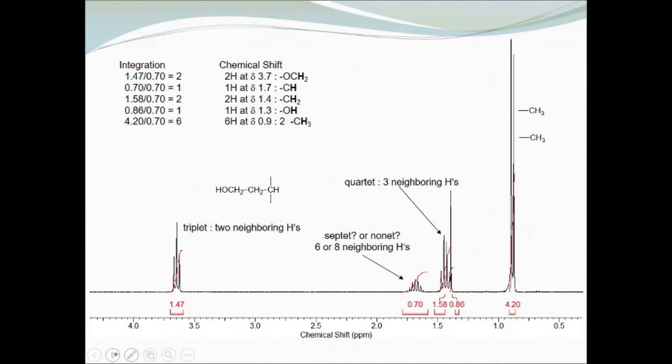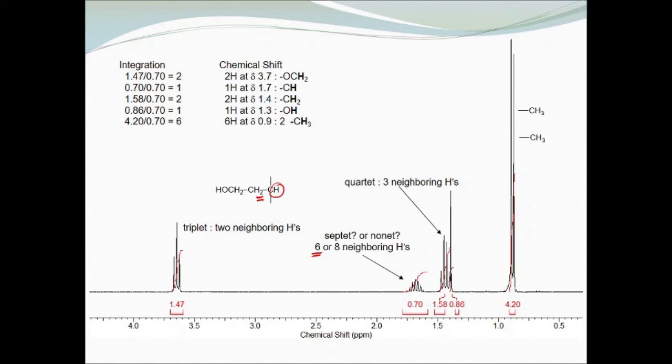So there are a couple of approaches. One, we can consider, what do we already have? So we have, for this hydrogen, we already have 2 neighbors. If it is a septet, it will have 6, meaning there should be 4 more. We don't have anything left that has 4 hydrogens. In fact, we have only 2 methyls.